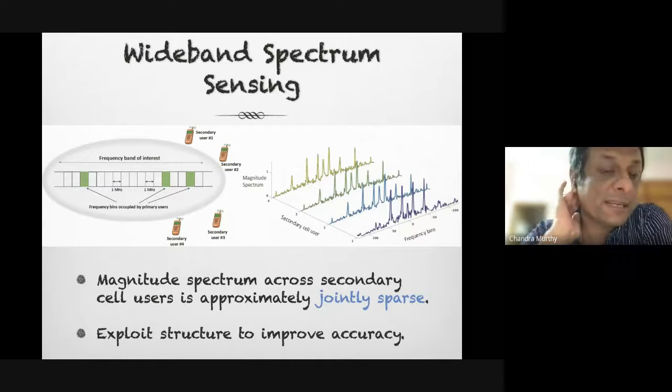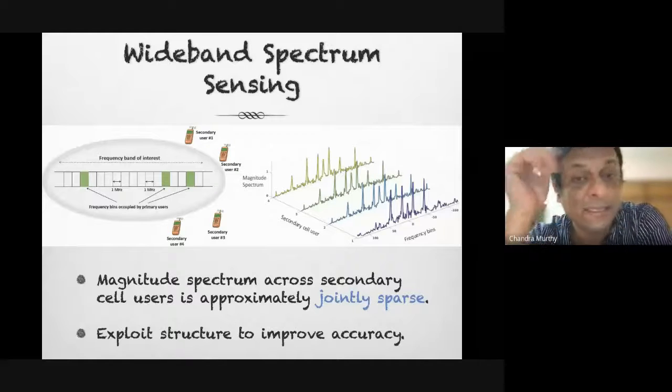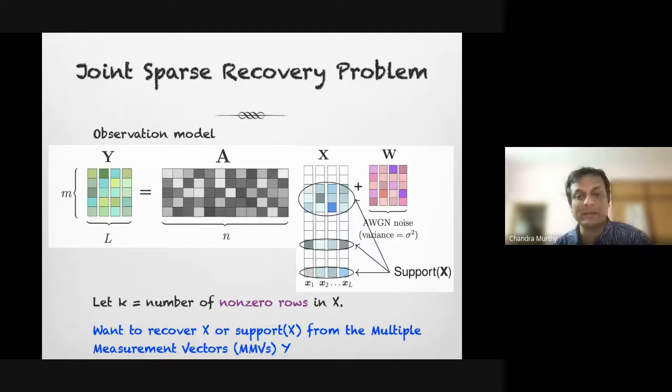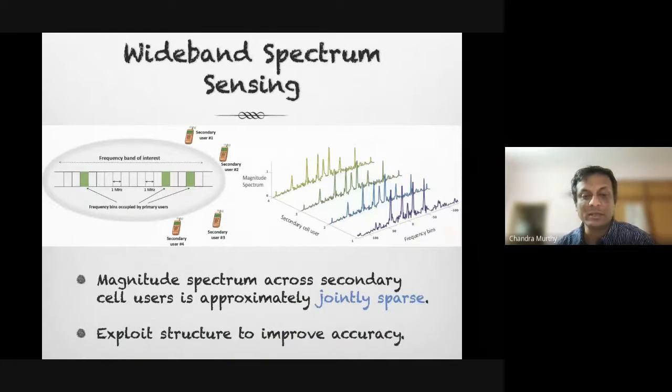And if the noises are independent, then the data arriving at these different secondary nodes could also be modeled as being independent of each other. And therefore, this becomes a joint sparse recovery problem. And one can try to exploit the structure that it is a jointly sparse signal, as shown in this cartoon here. There's a common set of non-zero rows in this matrix X, and you can use this to improve the accuracy.